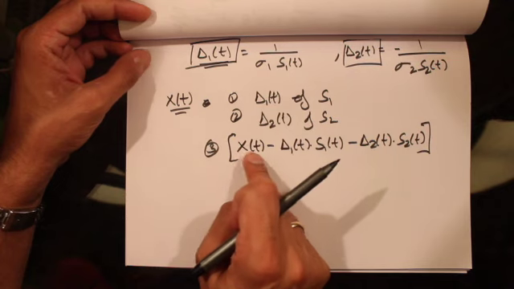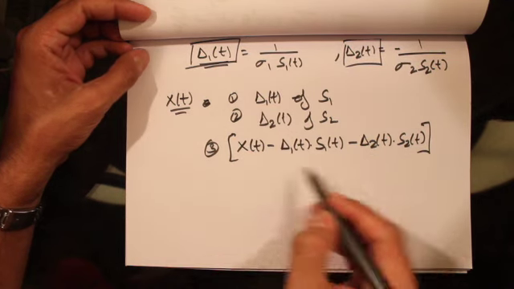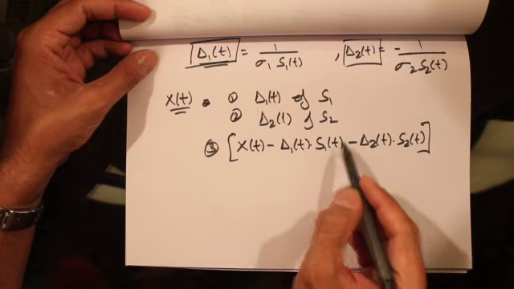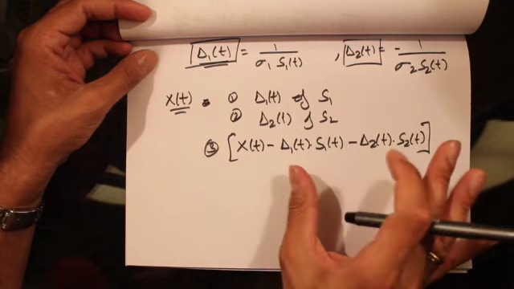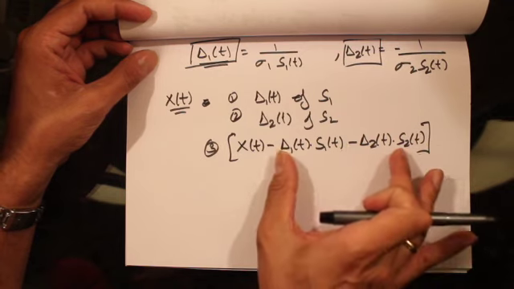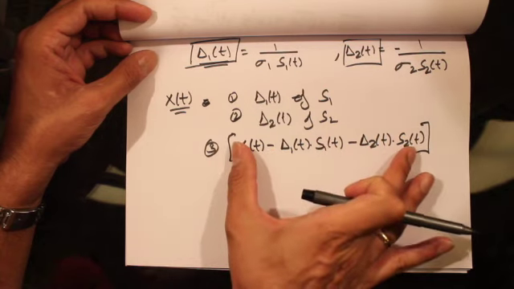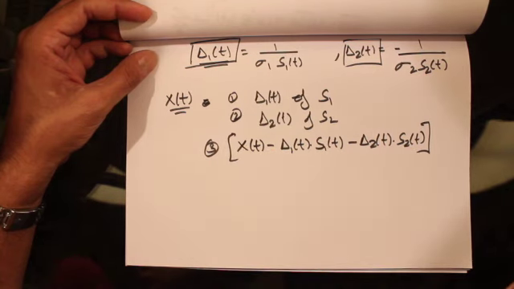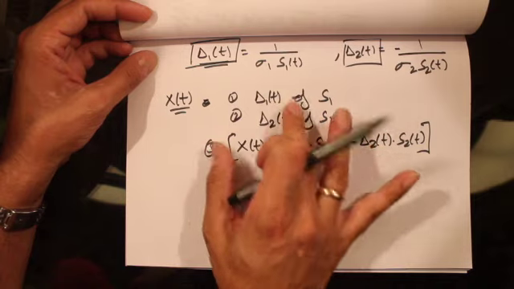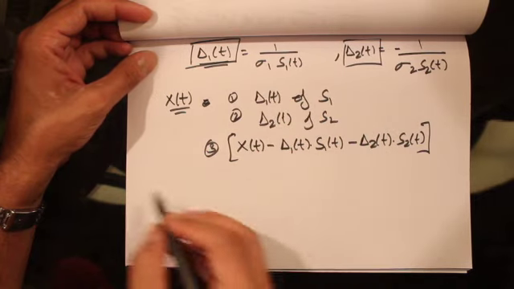So this was the wealth that we had at time t. Out of that money, we bought some S1, we shorted S2, and the remaining money we invested in a money market account. So our portfolio comprises these three positions.